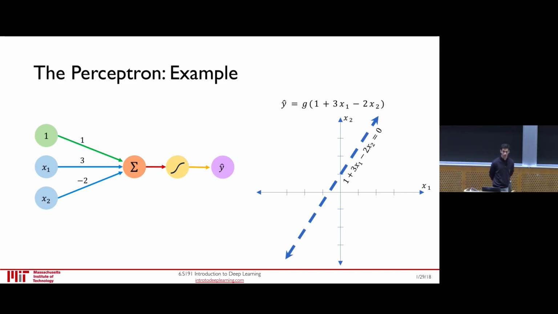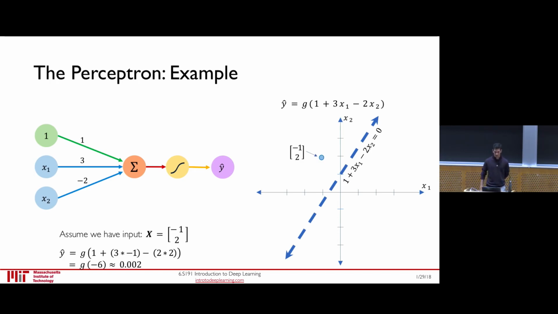If we plot that line, it's just a decision boundary separating our entire space into two subspaces. Now, if I give you a new point, -1, 2, and plot it on this feature space, depending on which side of the line it falls on, I can automatically determine whether our output is less than 0 or greater than 0, since our line represents a decision boundary equal to 0.